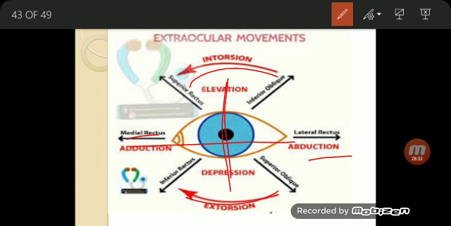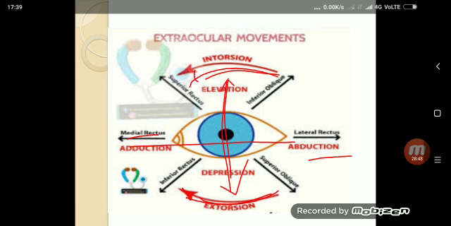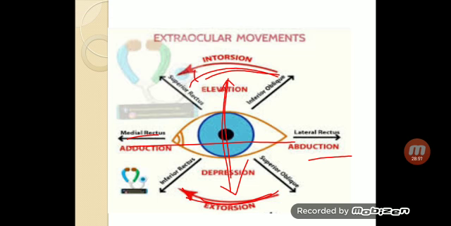In the transverse axis you have elevation and depression, and in the anteroposterior axis you have intorsion and extorsion. With this you have some simultaneous movements of both eyes, that is conjugate movement, disconjugate movement, pursuit movement and saccadic movement.